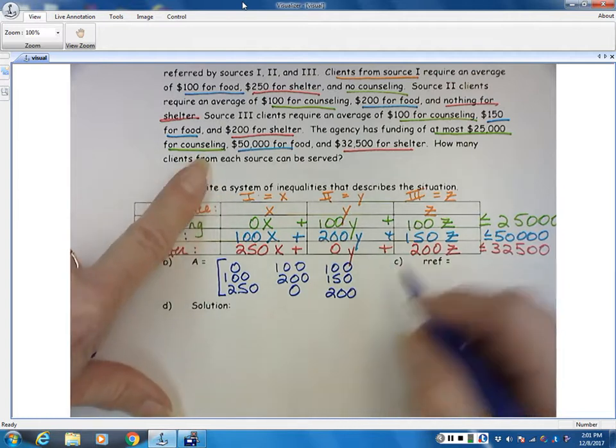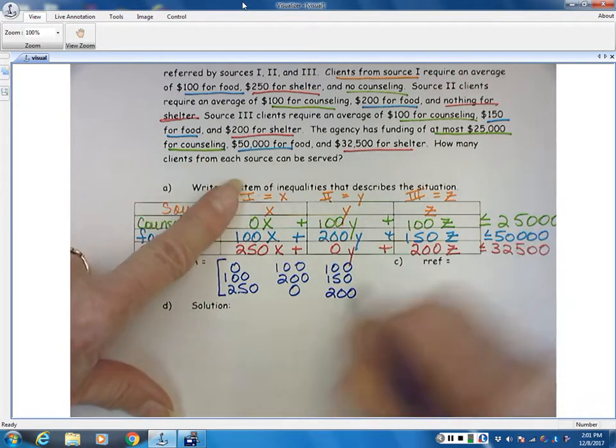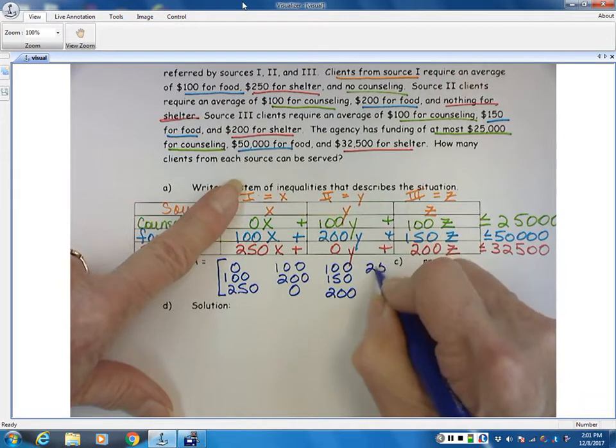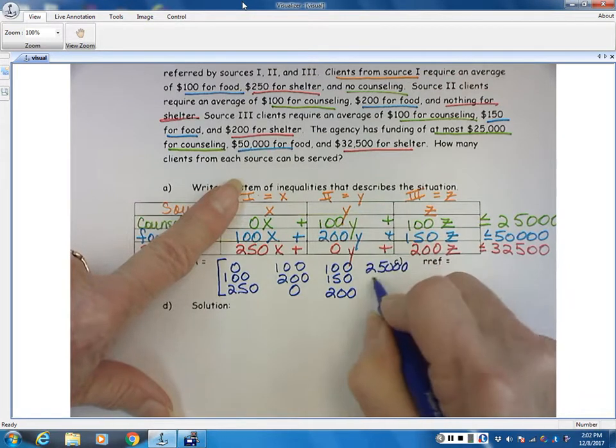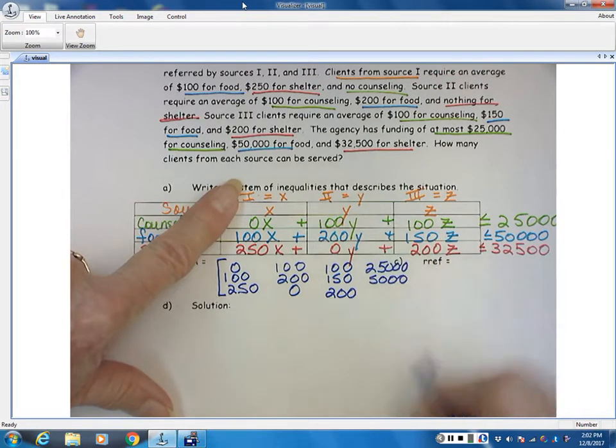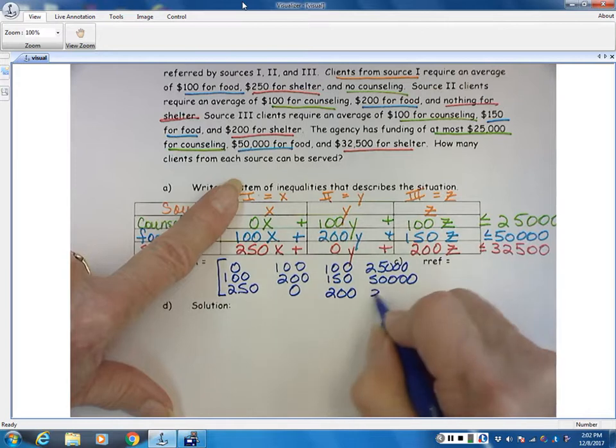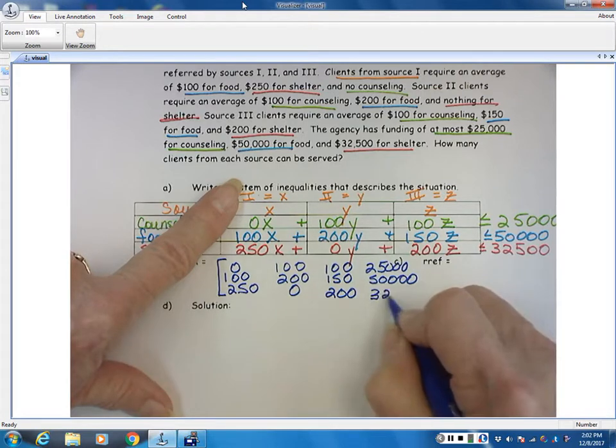I keep saying row, but that's column. And 25,000 for the last column, 50,000, and 32,500.